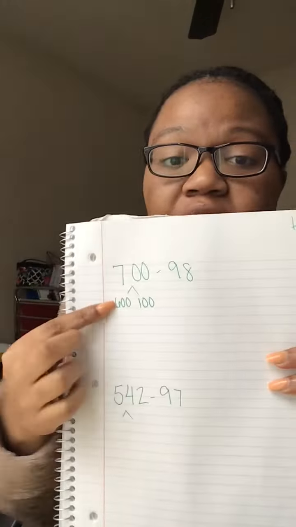Remember, it's easier to subtract that 100 and the 98. So we do 100 minus 98, and that will give us 2. Okay? And then with this 600, we haven't used this 600 yet. So now we just add that at the end. We just add that to that 2. 600 plus 2 gives me 602. Okay?